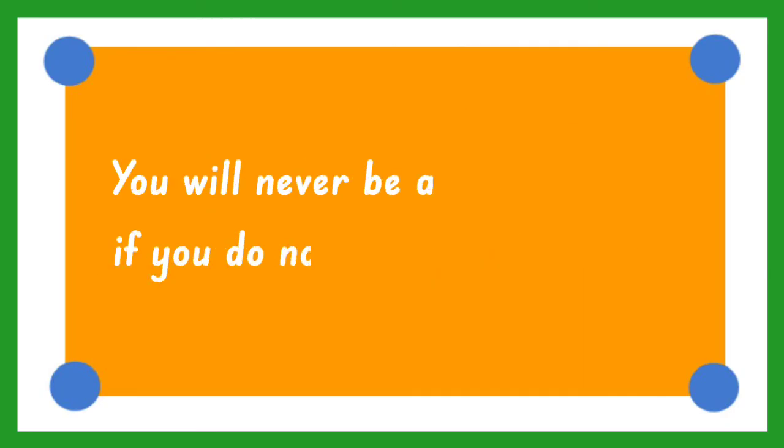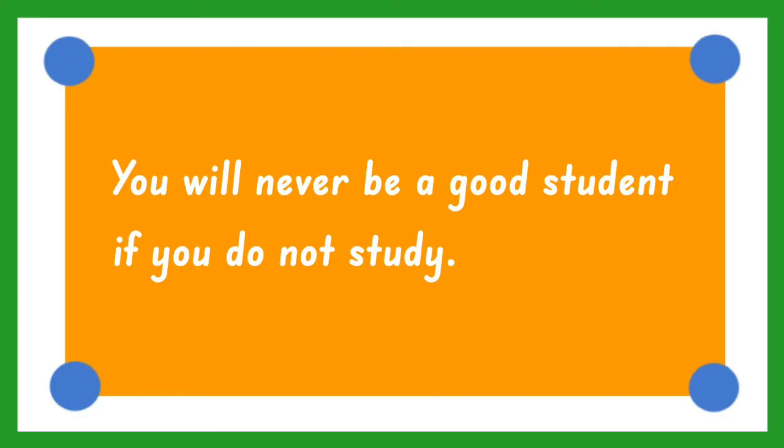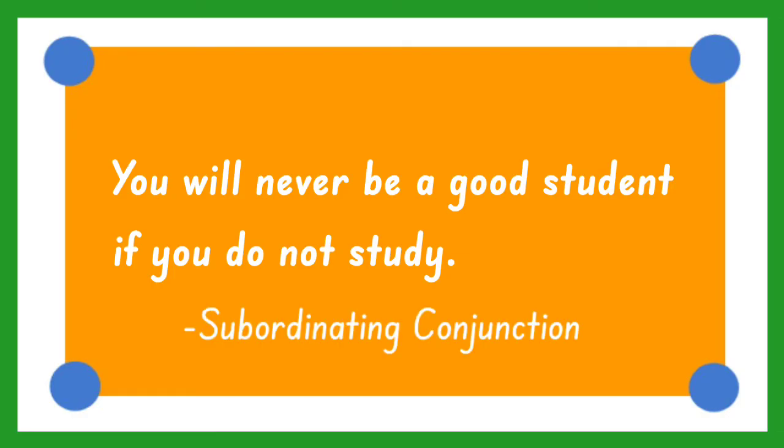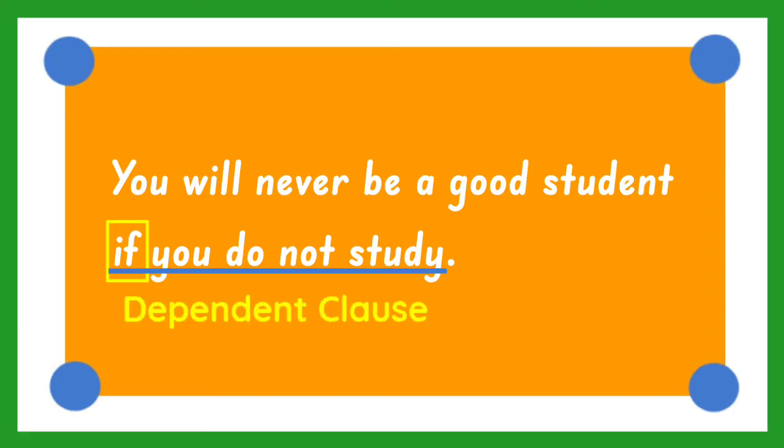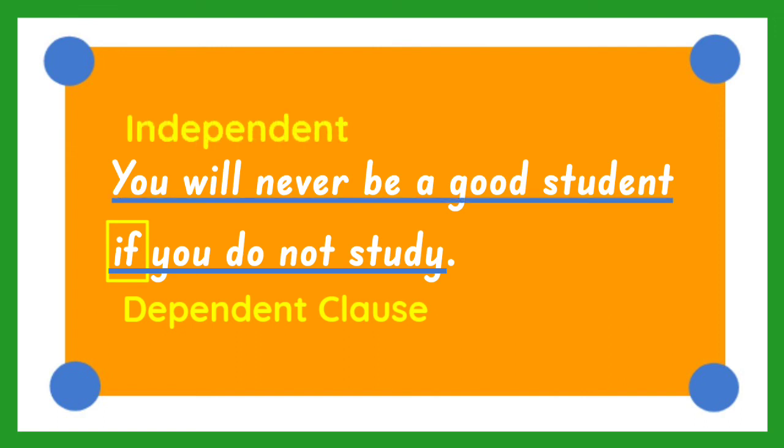Next, you will never be a good student if you do not study. So, let's find the subordinating conjunction first. It is if. Therefore, the dependent clause is if you do not study. And the independent clause is you will never be a good student.